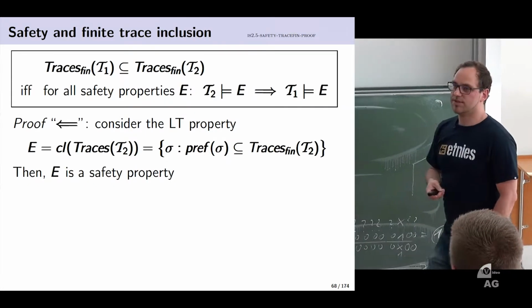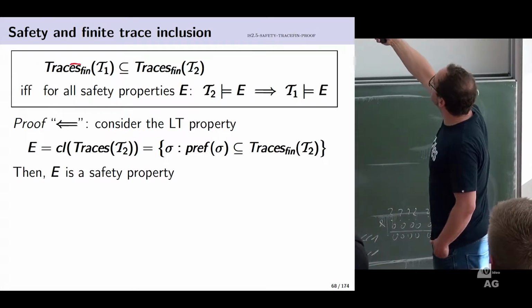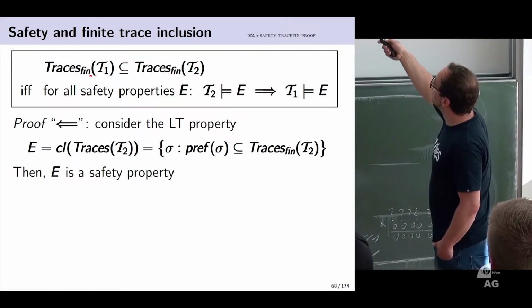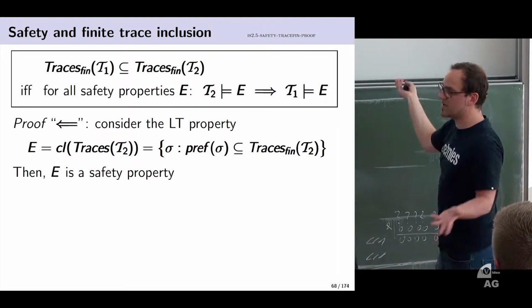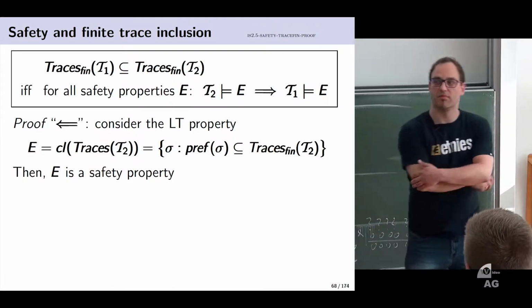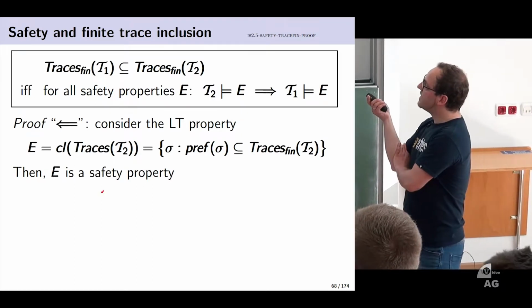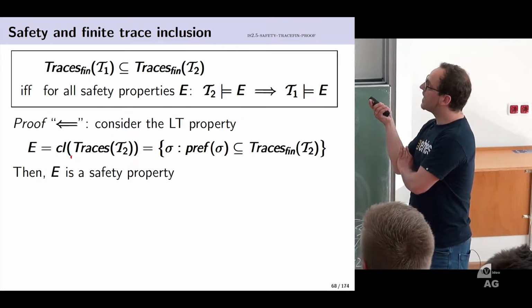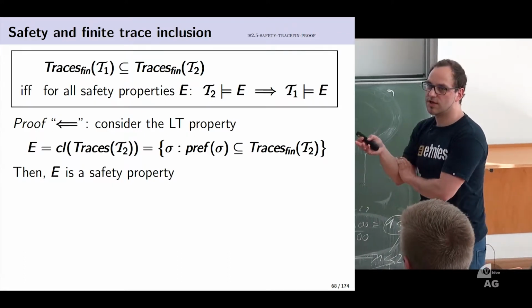So why is this a safety property? In order to show this thing implies this thing, we have to make sure that we can apply it. So it must be a safety property. Why is it a safety property? Well, because you can show that the closure is an idempotent operation.